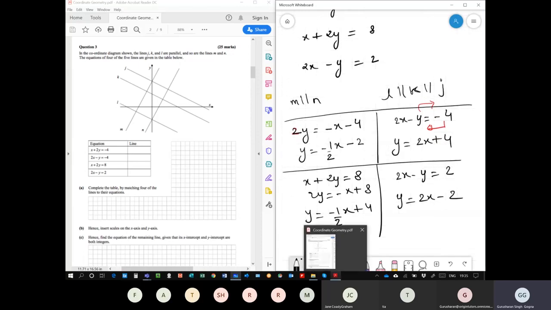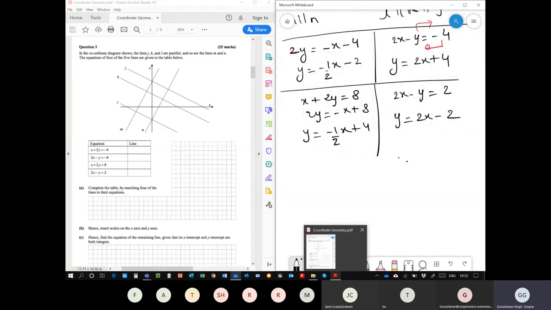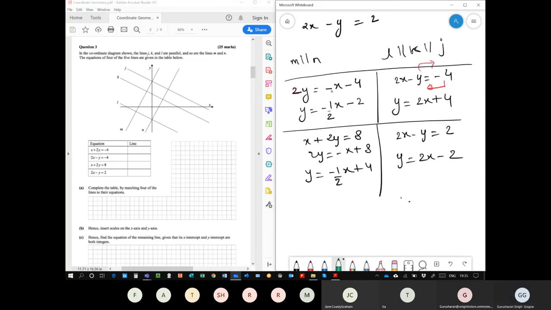So what you can see, that these two lines are parallel to each other and these two lines are parallel to each other. Okay, so you got two separate slopes. One slope is minus half and other slope is 2.